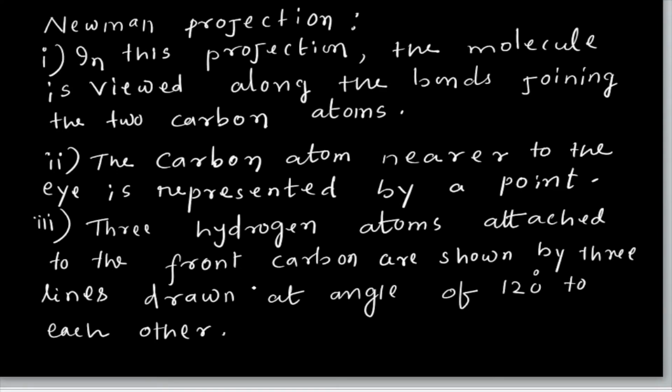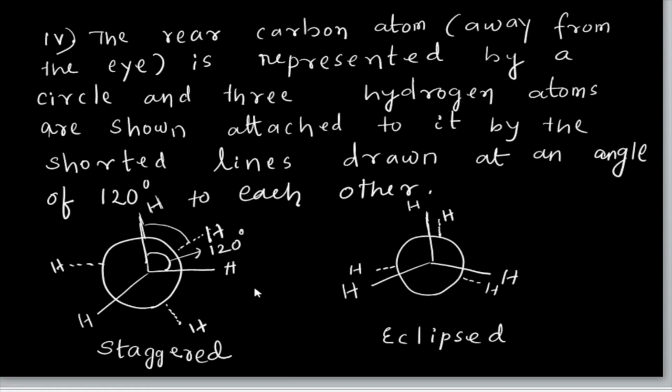And now you can see how the Newman projection is drawn. Now, the rear carbon atom, away from the eye, shows the staggered form. In the staggered form, one is a dotted line structure and the other is a straight line structure.